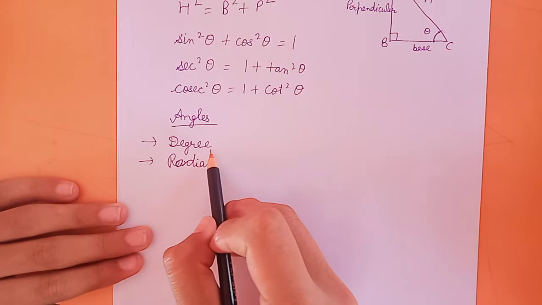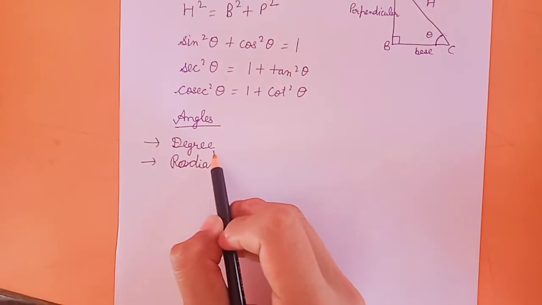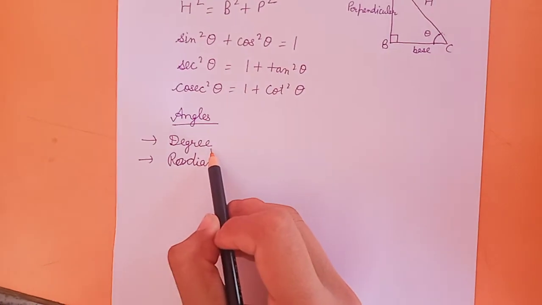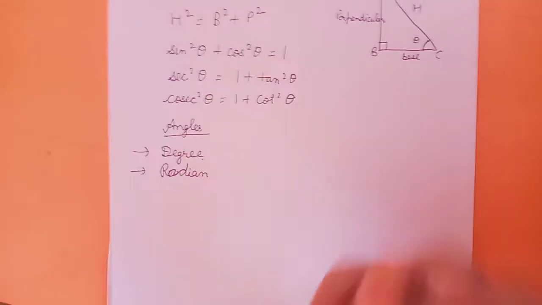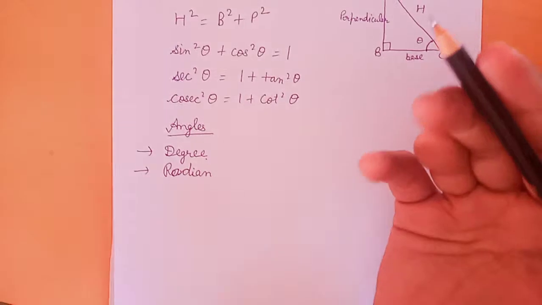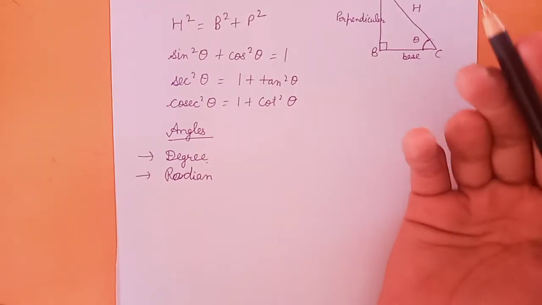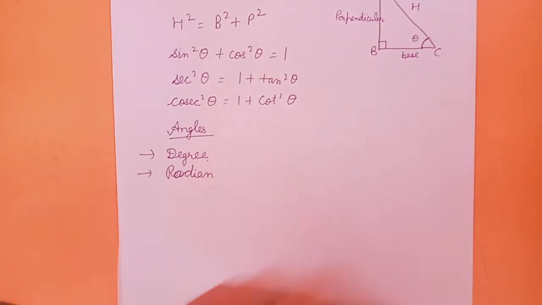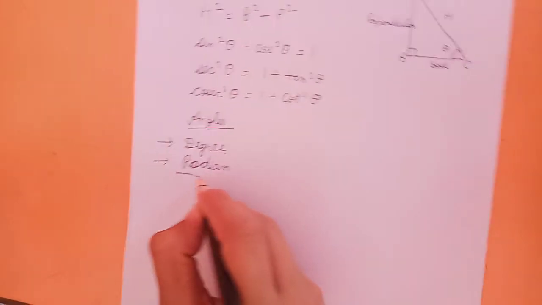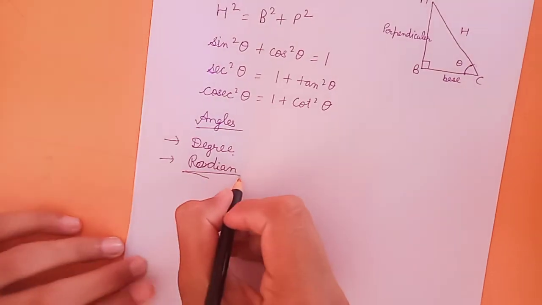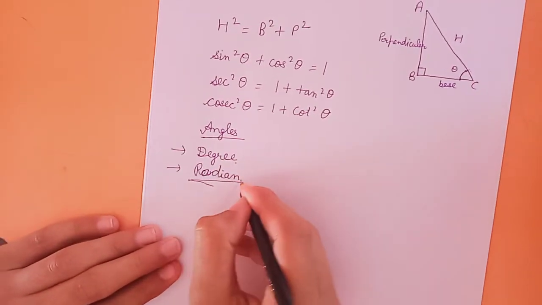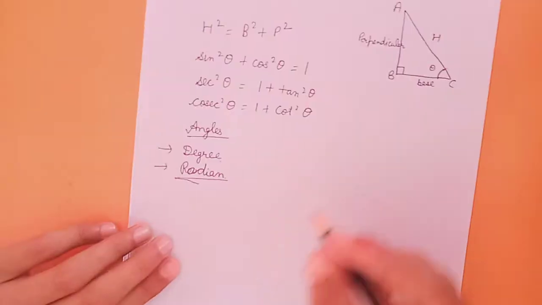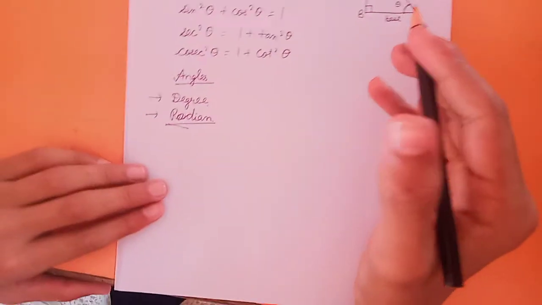We all know about degree, because from 5th or 6th class we have started reading about 90 degree, 45 degree, 30 degree, 60 degree. But in 11th and 12th we will study about this radian measure. In 11th and 12th most of the angles we will write in radian measure. Degree measures we will neglect.